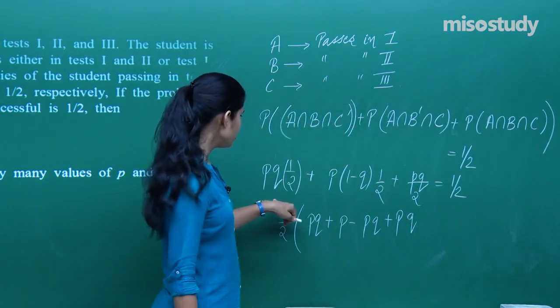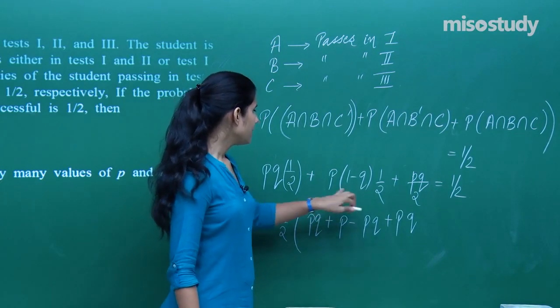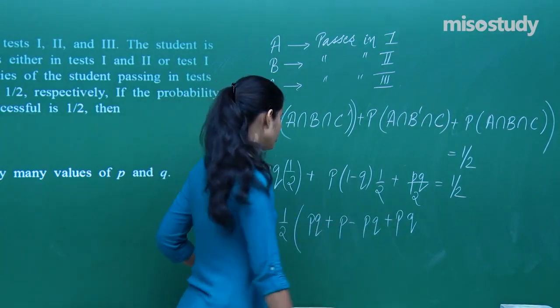Right, half is coming out common, plus P minus PQ plus PQ equals half.